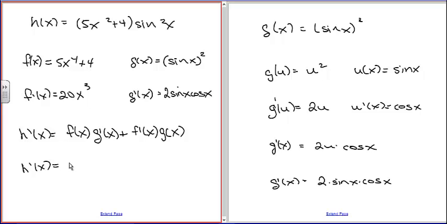That's the basic idea. And then the opposite here. So f of x is 5x to the fourth plus 4. g of x is 2 sine x cosine x. The second part, f prime of x is 20x cubed times g of x, which is sine of x squared.